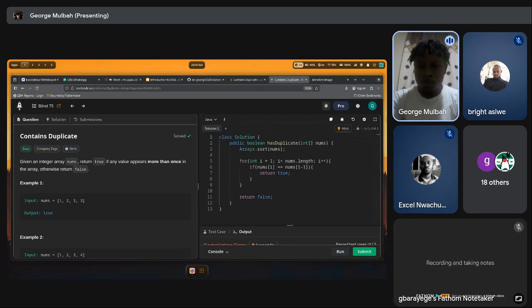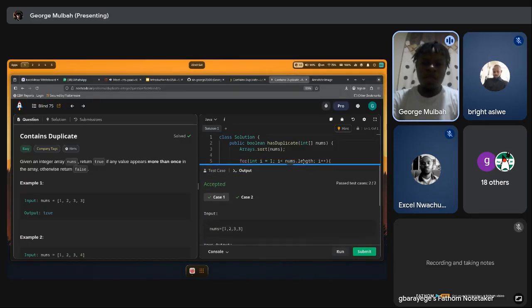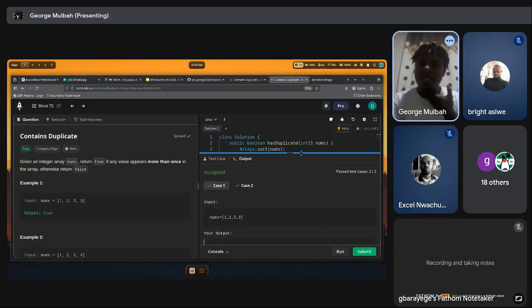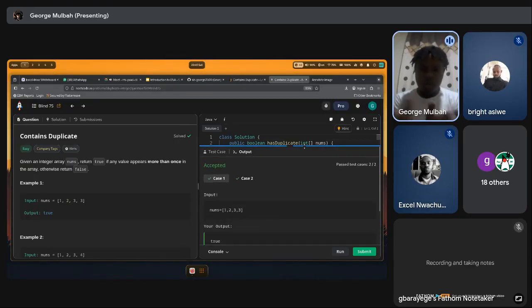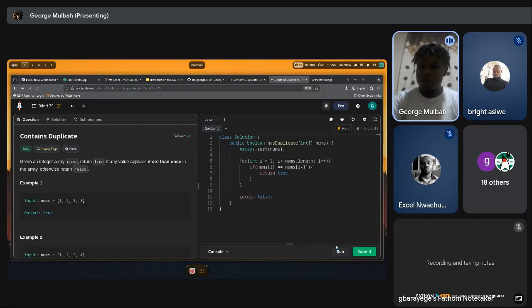Not really needed. But that is the idea there. The idea is you want to sort the array, and then you compare the numbers at these two positions here. Why is it saying illegal start of expression? But this is the idea. So you can submit it.